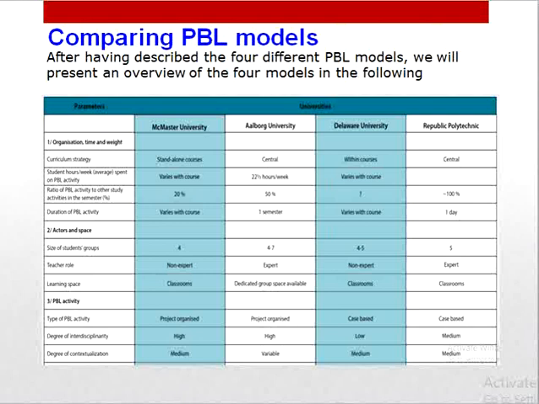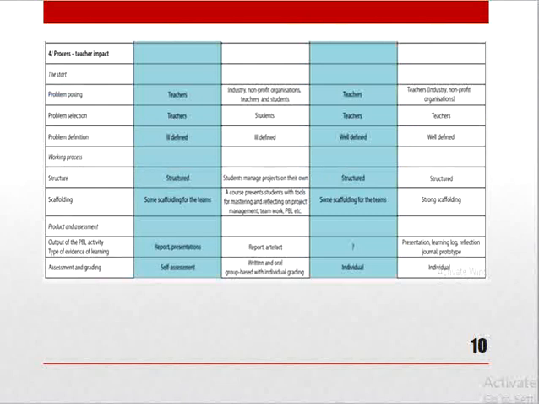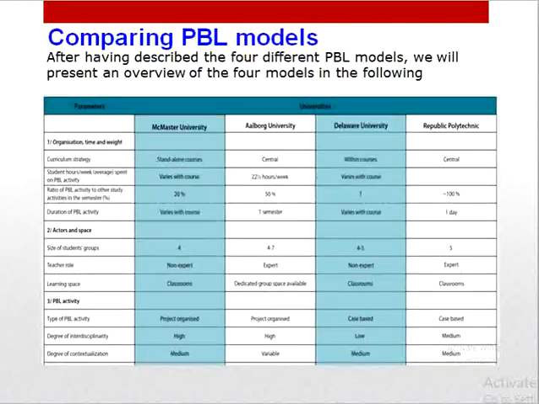after having described the 4 different PBL models, we will present an overview of the 4 models in the following. So we have broadly classified them into 4 categories. First, organization, time and weight. Second, actors and space. Third, PBL activity. Fourth, process, teacher impact.